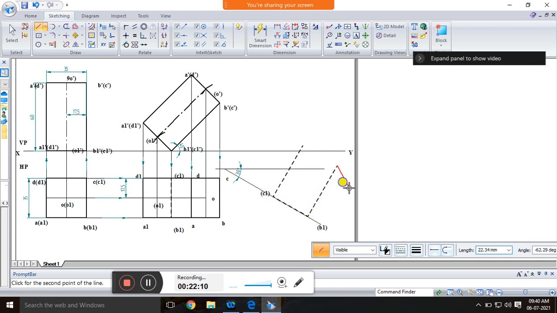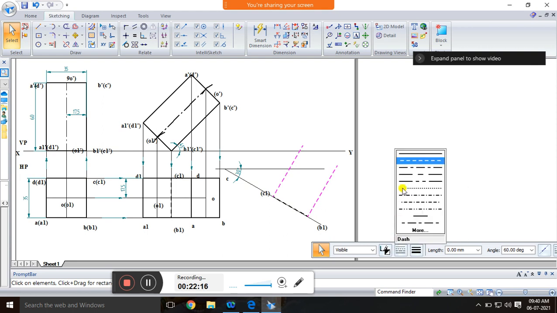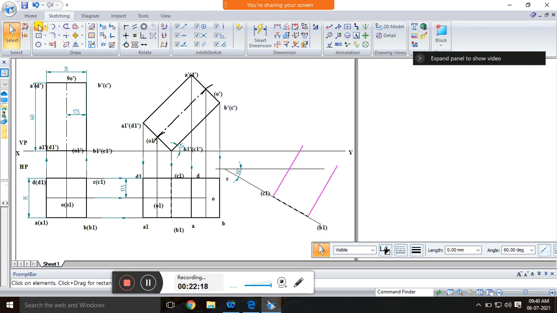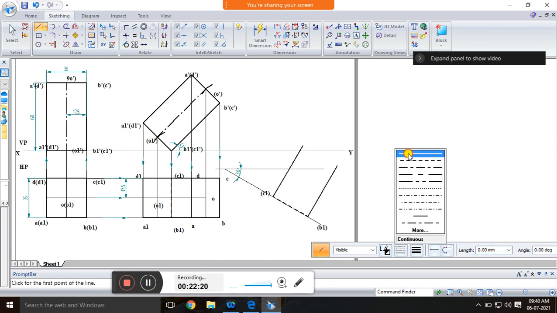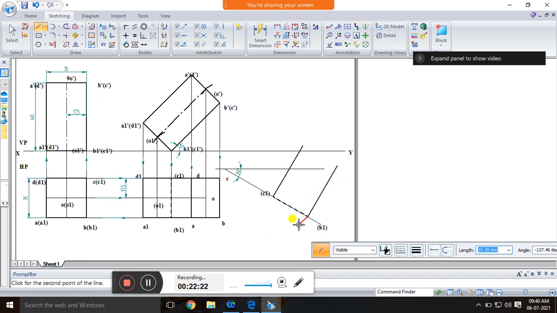We don't know the length, so you just draw a line, and this should be a continuous line. Similarly, draw the same like this. We don't know the exact length, so like this you just draw a perpendicular line.